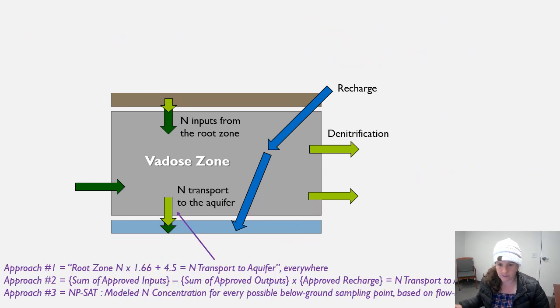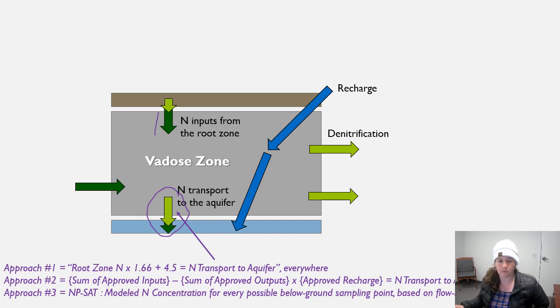Okay, and then just to have a little bit more space here, the last arrow I wanted to deal with was nitrogen transport out of the vadose zone to the aquifer. So the Ag Order 4.0 approach would be to take root zone N, multiply it by 1.66 and add 4.5, and that equals the nitrogen transport to the aquifer everywhere.